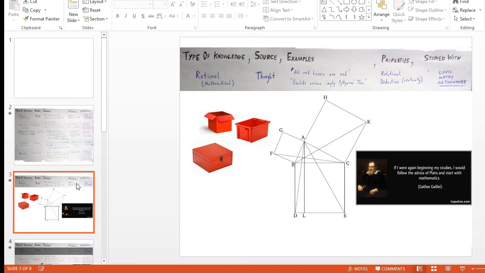Let's look at a more practical example of mathematical knowledge. If Euclid's axioms are true, then Pythagoras' theorem is also true. Again, this is a kind of mathematical knowledge. It's actually from Euclid's Elements of Geometry, a book which is in many ways defining for what mathematics is.